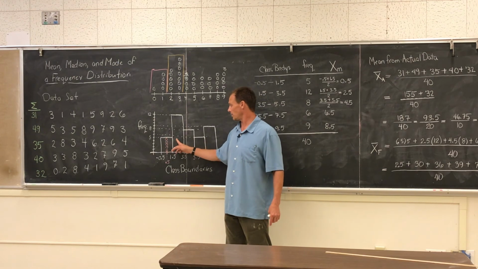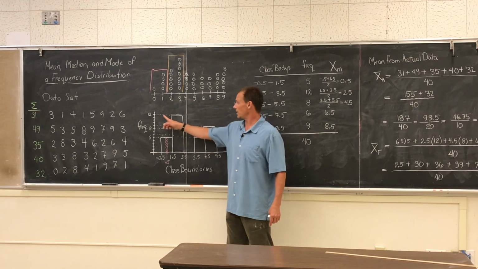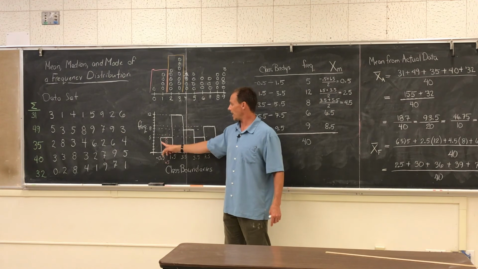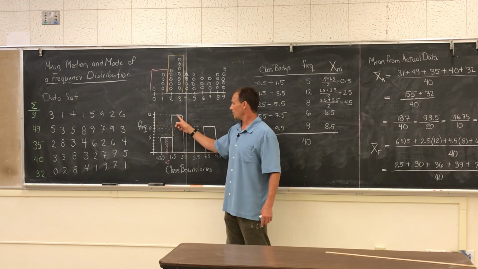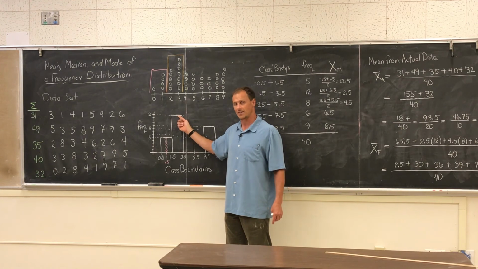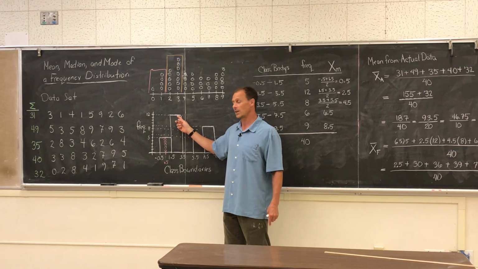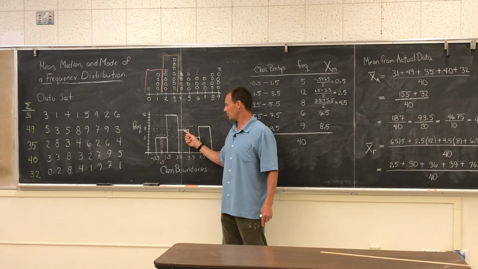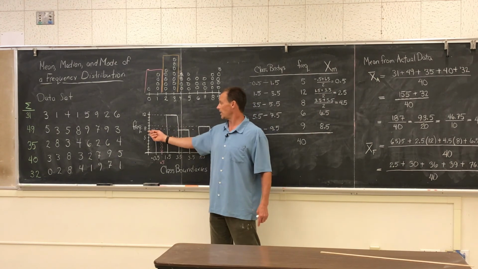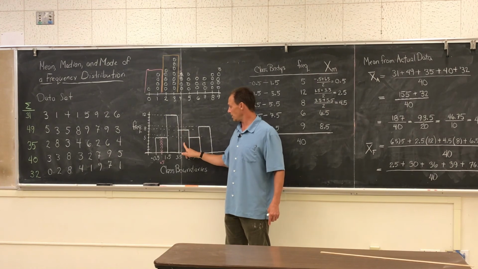So I would need to come to this next bin. This next bin has 12. Well, 5 plus 12. By the time I've looked at all of these data values, I've only looked at 17 data values. So I move to the next bin. If I move to the next bin, there's 8 more. So 17 plus 8. By the time I'm in this bin, I've accounted for 25 values.